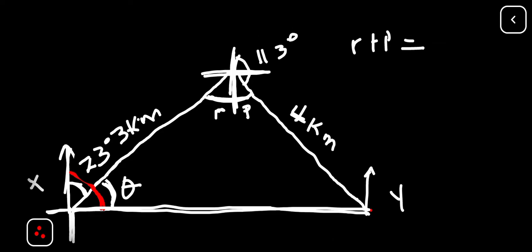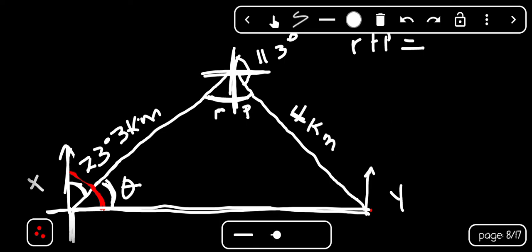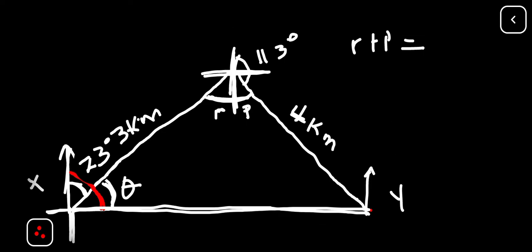So why do we say R is 23 degrees? If you look at the diagram, it looks more like this. Let me use another color.